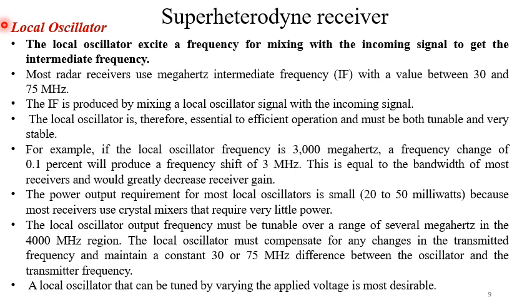The local oscillator must compensate for any changes in the transmitted frequency and maintain a constant 30 or 75 megahertz difference between the oscillator and the transmitter frequency. A local oscillator that can be tuned by varying the applied voltage is then most desirable.